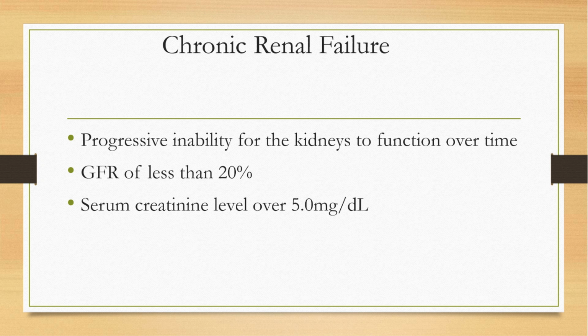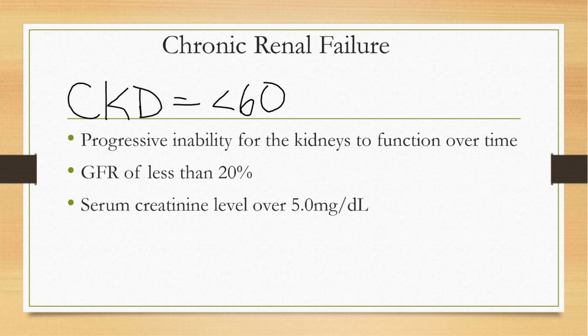And someone is considered to have chronic kidney disease if their GFR is less than 60. GFR is glomerular filtration rate, or essentially the kidney's ability to filter out waste products. So chronic kidney disease is a GFR of less than 60.